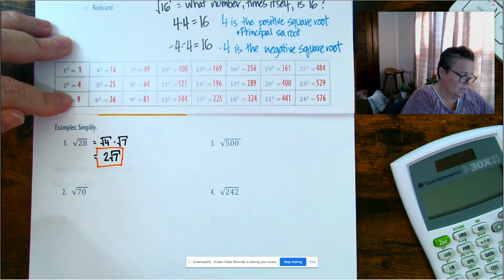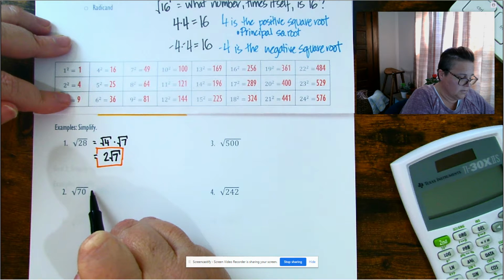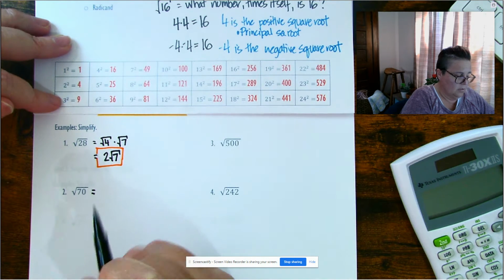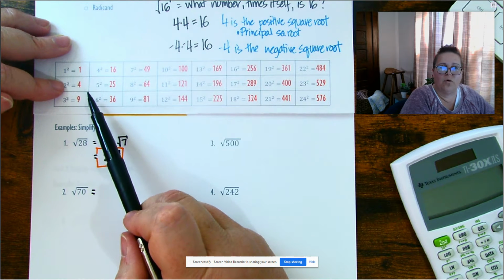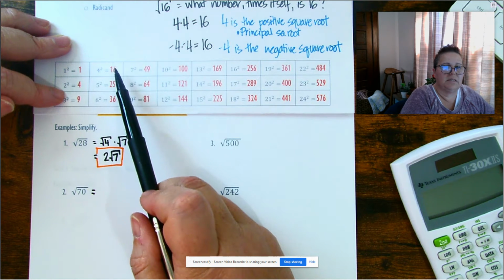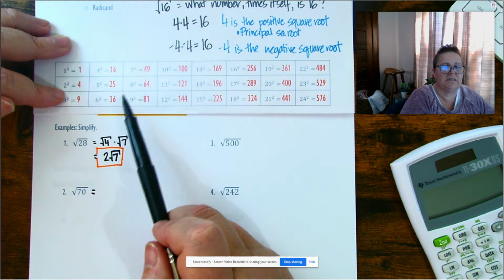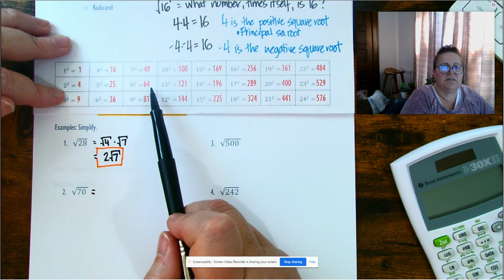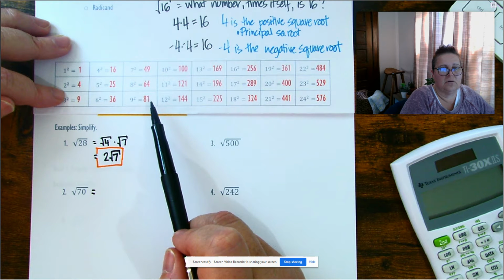Okay? Let's look at problem number 2, the square root of 70. If we're doing the square root of 70, 1 will always go in. 4 won't, 9 won't, 16 won't. 25 does not go evenly into 70. 36 doesn't, 49 doesn't, 64 doesn't, and now I'm bigger than 70.